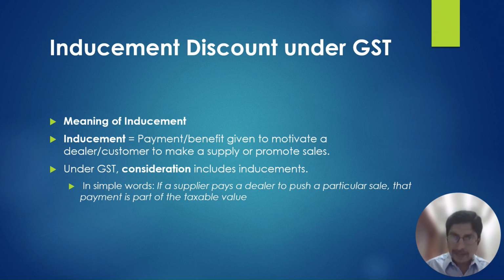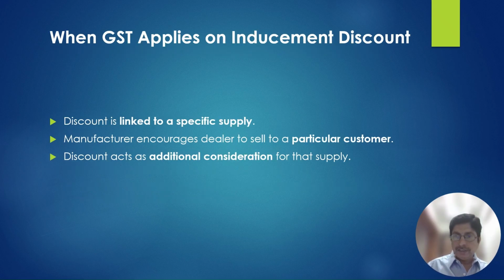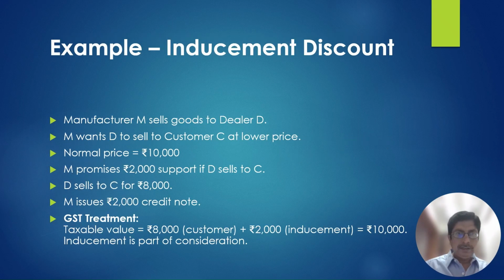This is generally happening in case of electronic industries like mobile phones or other electronic equipment. Let's take an example that there is a manufacturer M. He sells goods to the dealer D. M wants D to sell that material to customer C at a lower price.